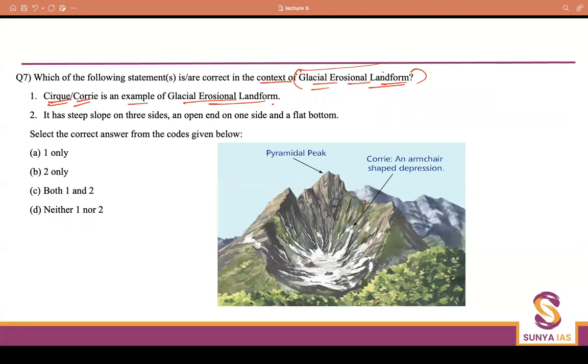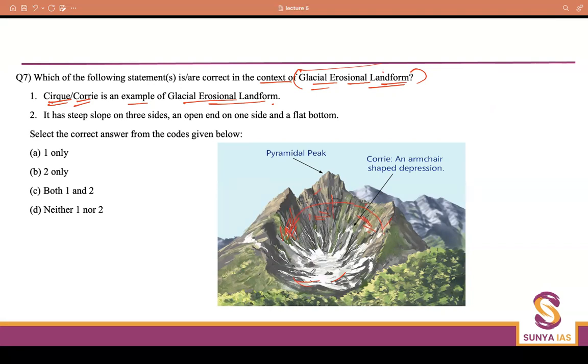When the glacier moves, it erodes the sides of the mountain, and then a very smooth, oval-shaped structure is formed, which is very steep on three sides, flat at the bottom, and open on one side. Three sides covered, open from the side from where you are watching it.